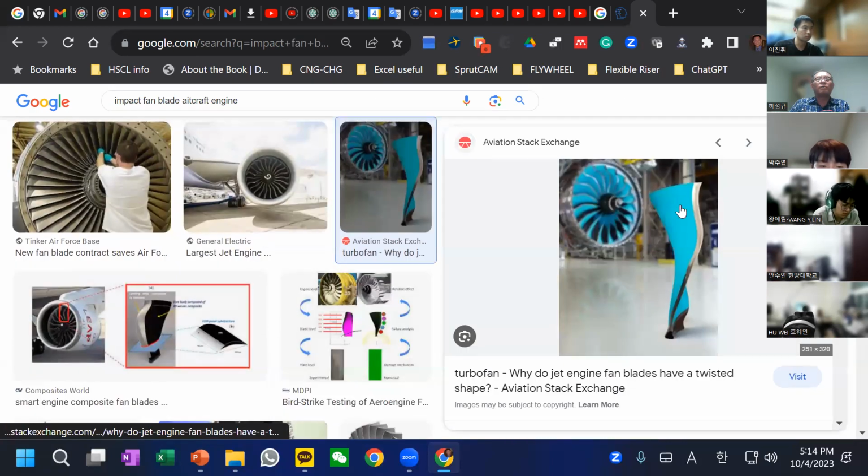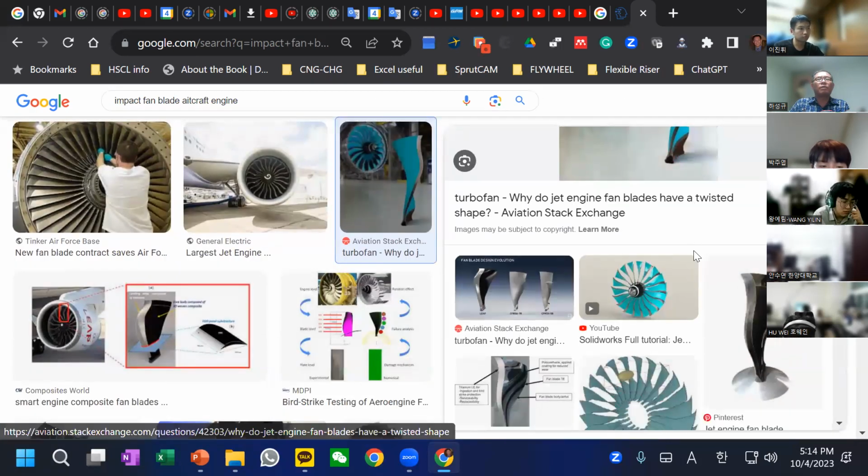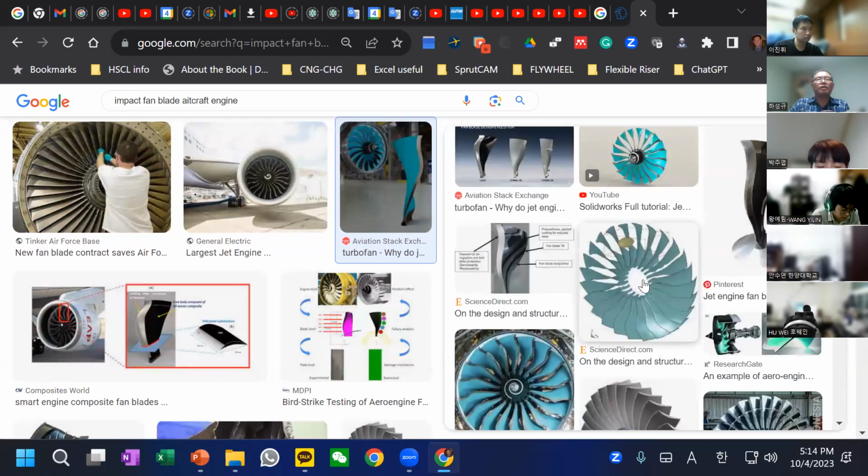Okay, this is one of the blades, and you can see an impactor impacting the fan blade, and this can be a bird strike.